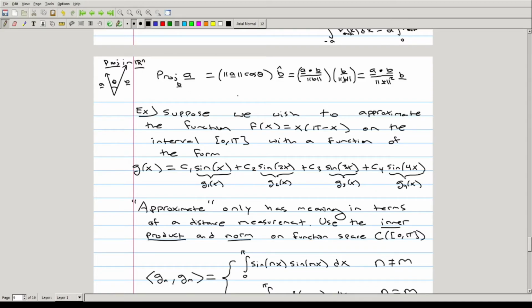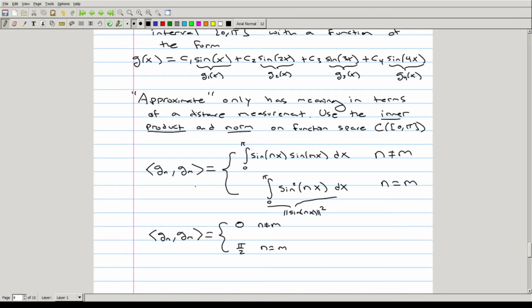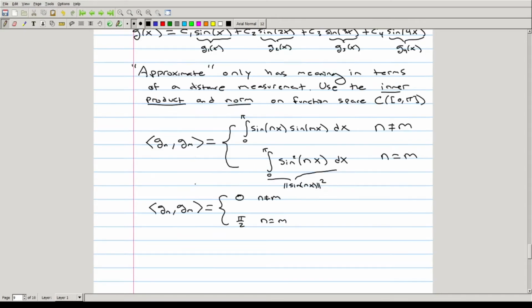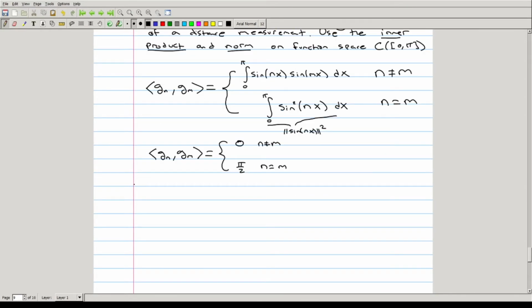And using this idea, and the fact that Gn and Gm are orthogonal to one another, we can develop a direct analog of projection.